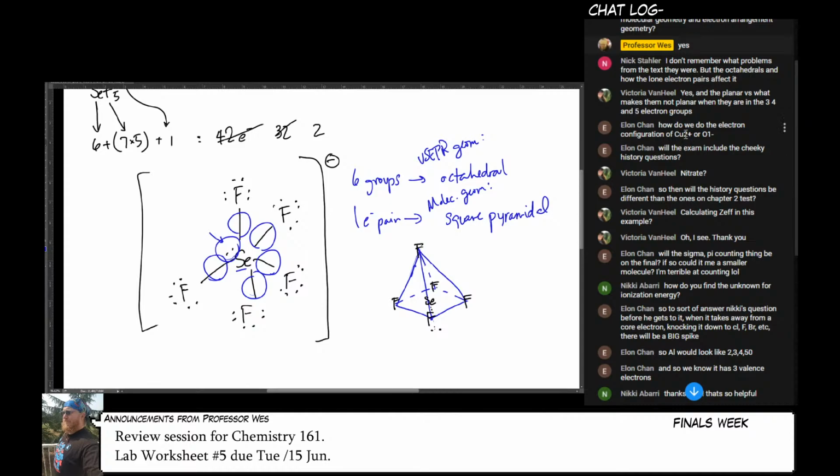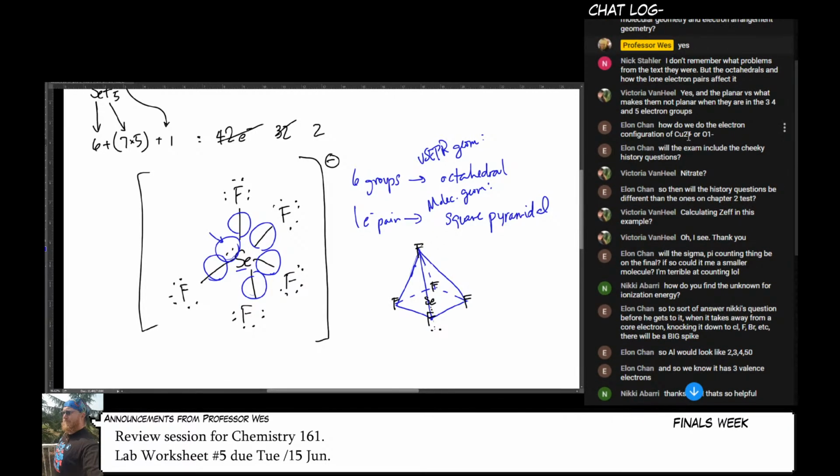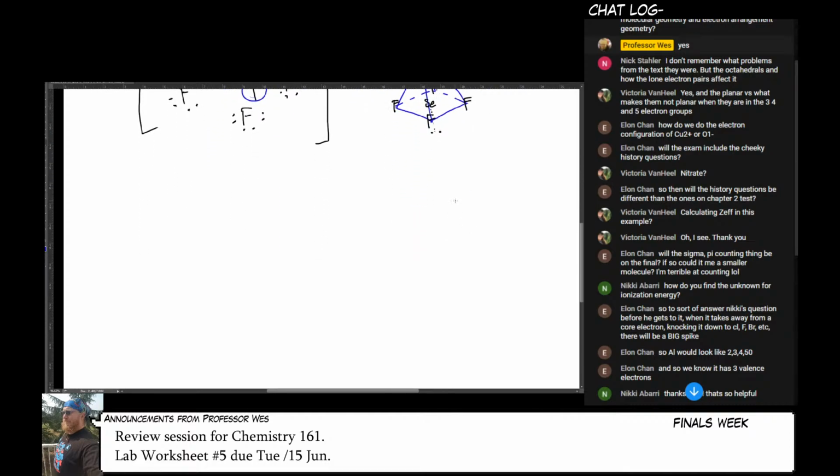How do we do the electron configuration of ions? We definitely do that. Let me leave this right here for now. All right. I know this is a common mistake that a lot of people made.